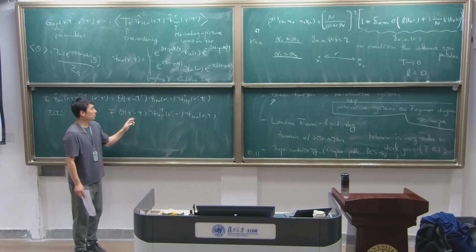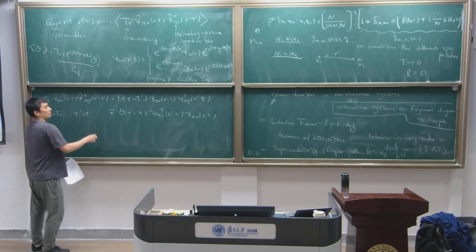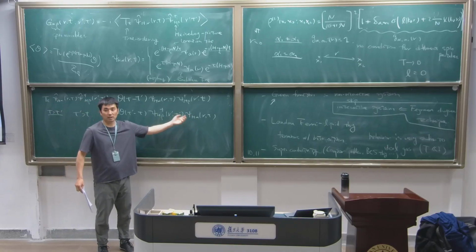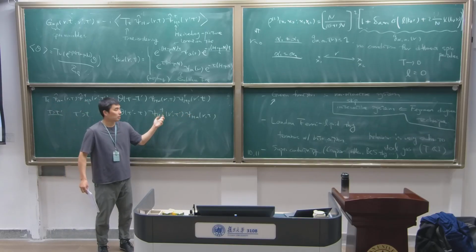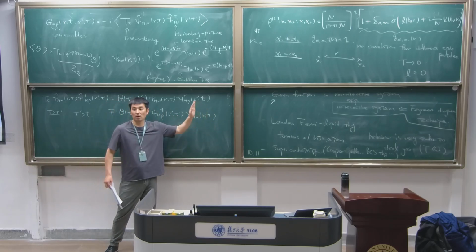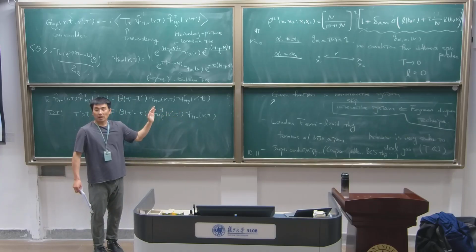The opposite: if t prime is greater than t, you have to consider this one, and now you have to swap the order of the operators. Because t is smaller than t prime, you have to put the smaller time operator to the right and the bigger to the left.